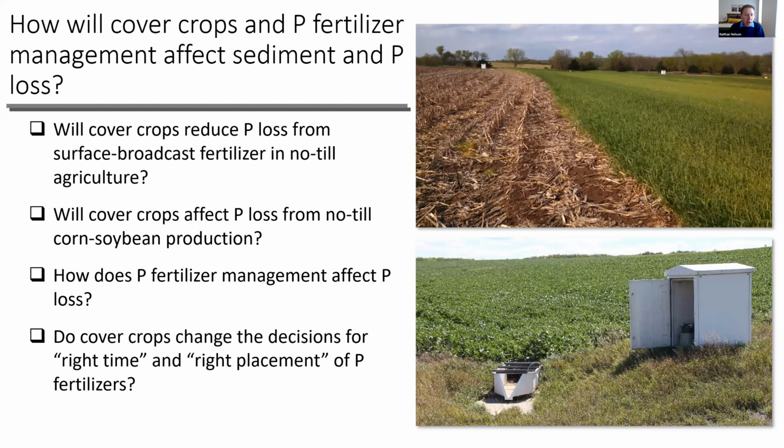And then how will our phosphorus fertilizer management affect phosphorus loss? We had some good data on that already, but it's still fairly sparse when it comes to edge of field monitoring data. And then finally, do cover crops change the decisions that a producer might make for the right time and right placement of phosphorus fertilizers?